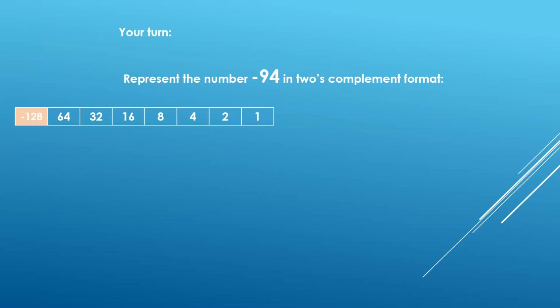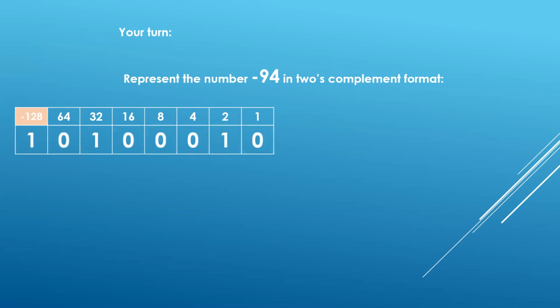Is it done? Okay, that's wonderful. Now see for yourself, the MSB, minus 128, should be turned to 1 because the number is a negative number.